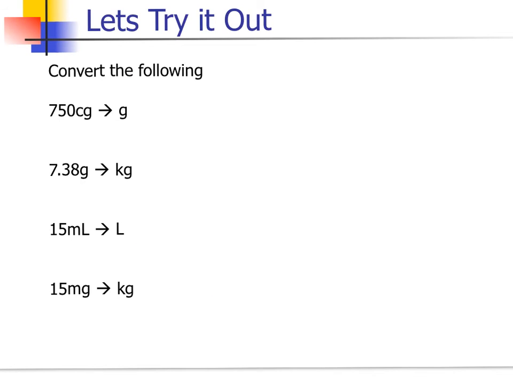So let's convert the following, and we'll set these up a little bit differently. We'll start off with what I have, and I have 750 centigrams. Well, if I want to get rid of centigrams, I need to put the centigram on the bottom. If I want grams, I put the grams on top.